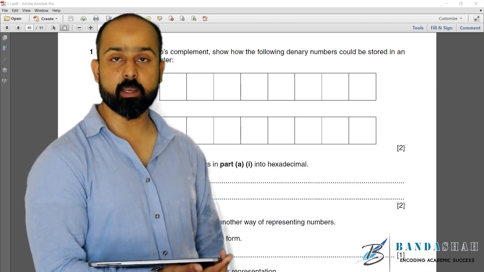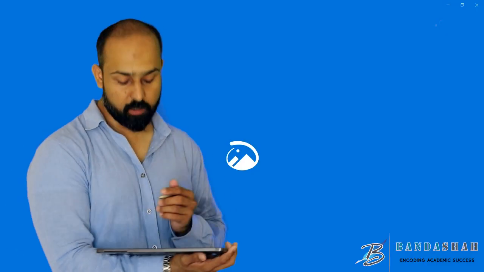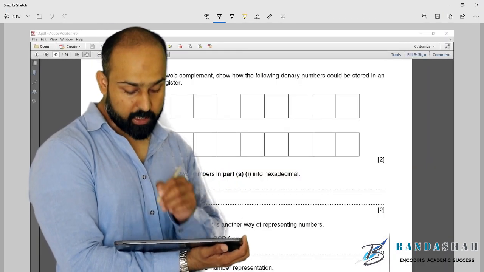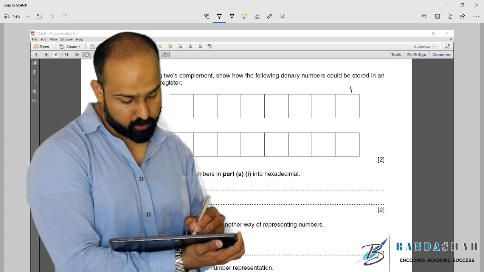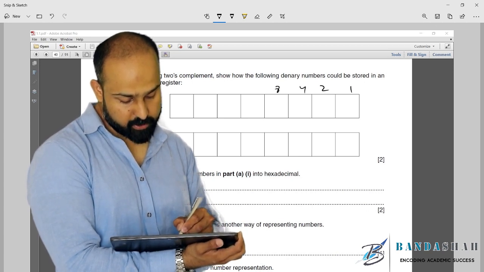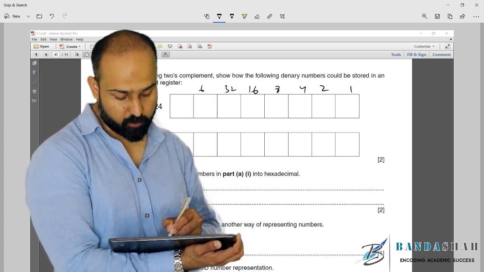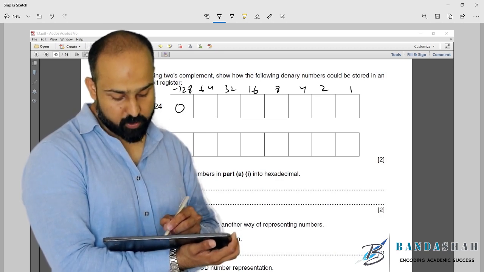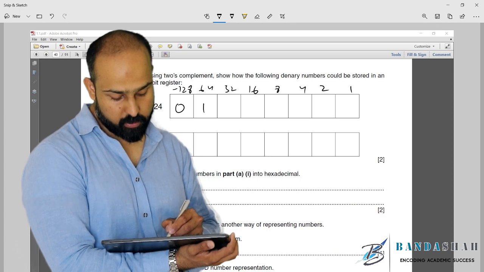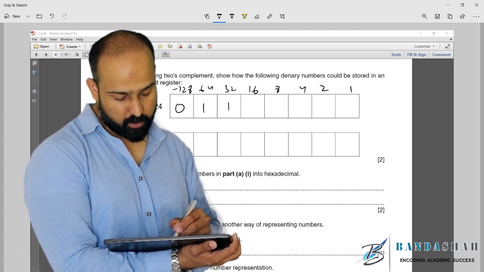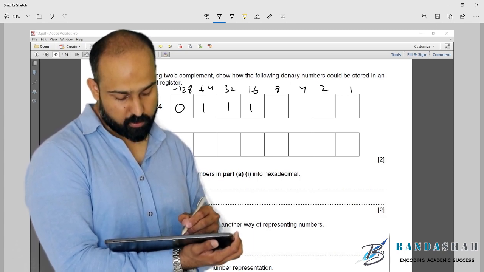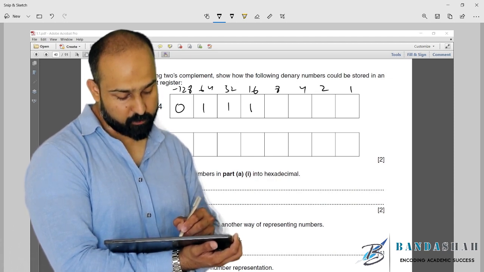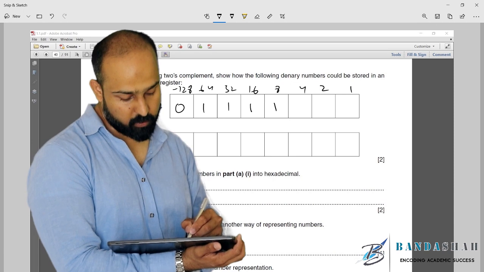We already know that the MSB will be the bit used to store the sign, or it has a negative value. So 1, 2, 4, 8, 16, 32, 64, minus 128. It's a positive number, so 124, 96, 106, 112, 120, 124.